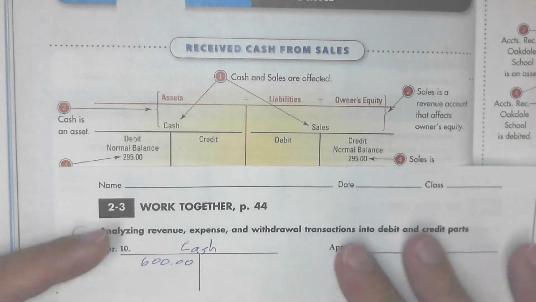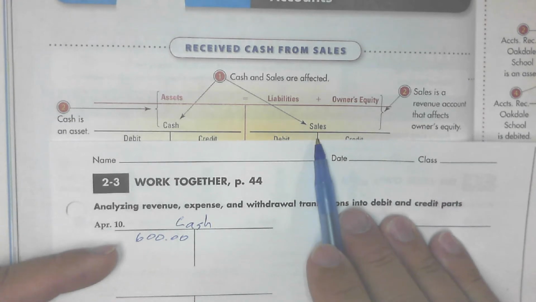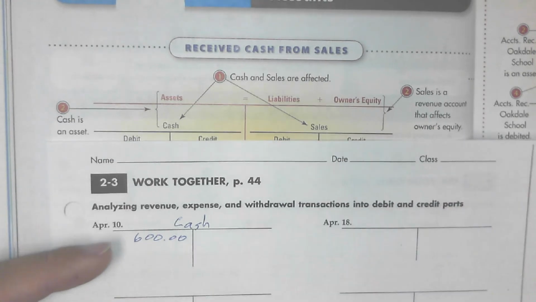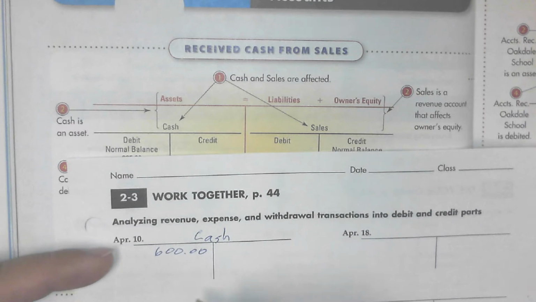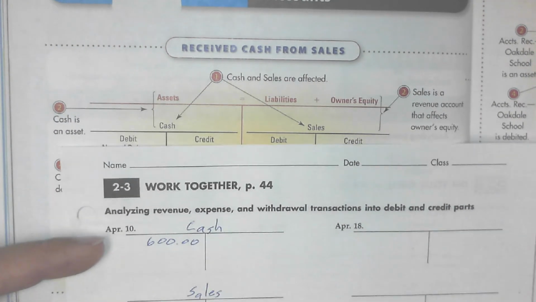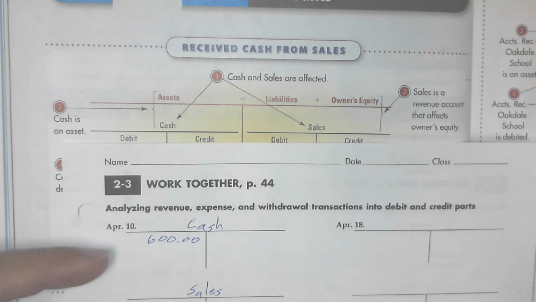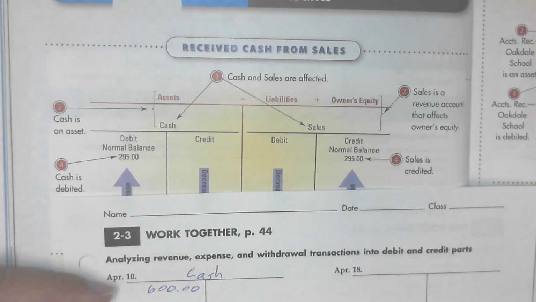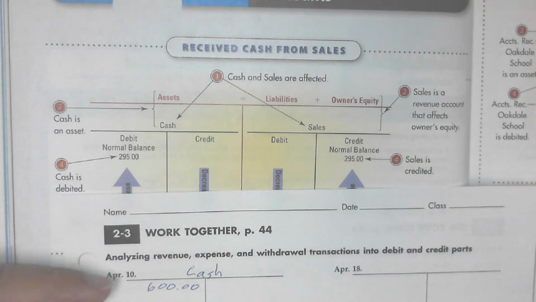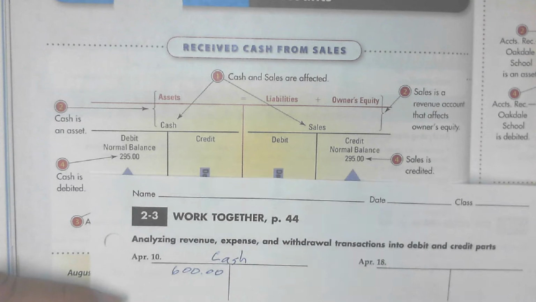And it was from a sale, so we're going to create a T-chart for sales. Sales went up because we sold something. We didn't pay anything out, so we had an increase in our sales, which is what businesses want to do.